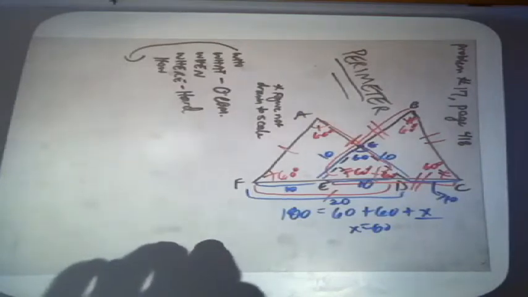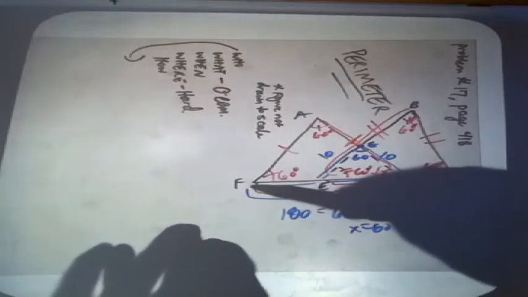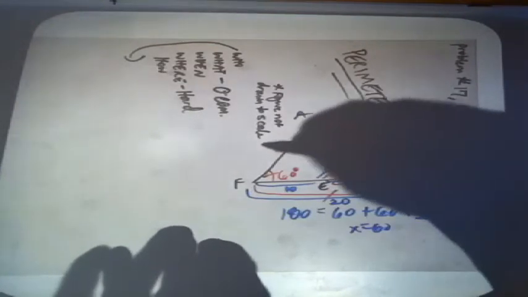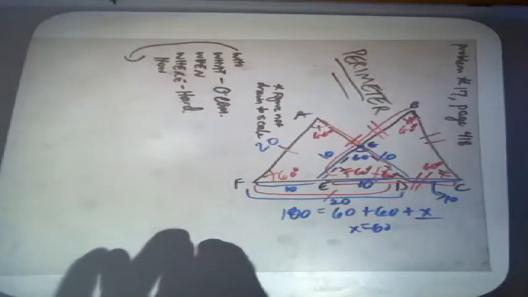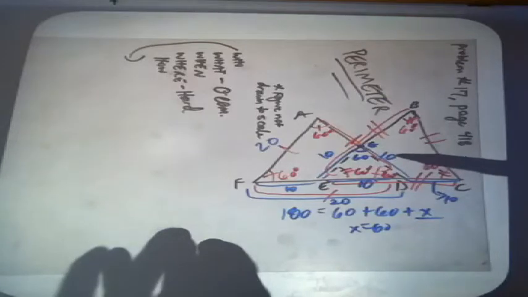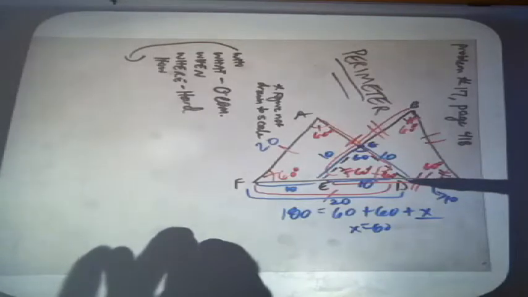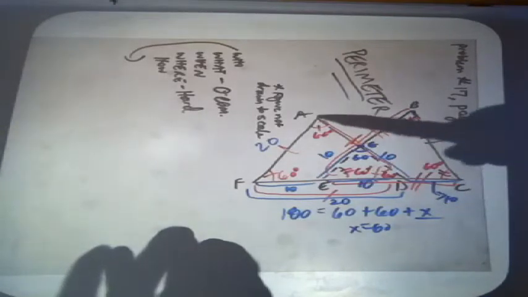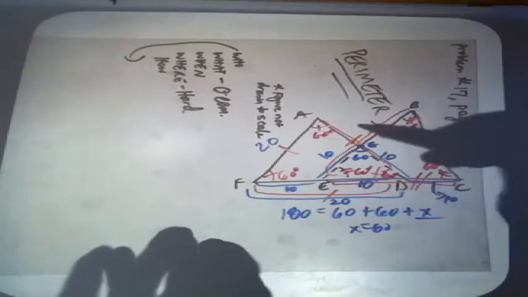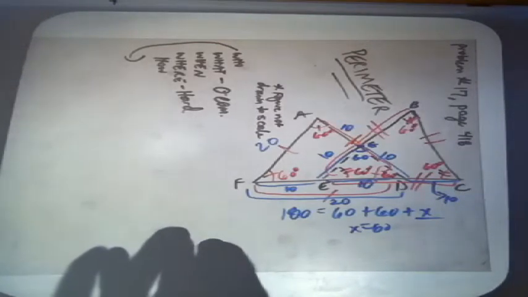And since it's an equilateral triangle, then we know all the sides have to be 20. So AF is 20, and AD is 20. If GD is 10, and GD plus GA have to equal 20, then AG is 10.